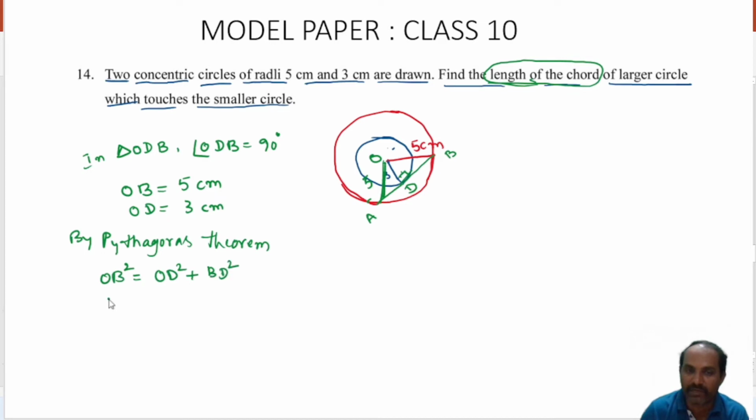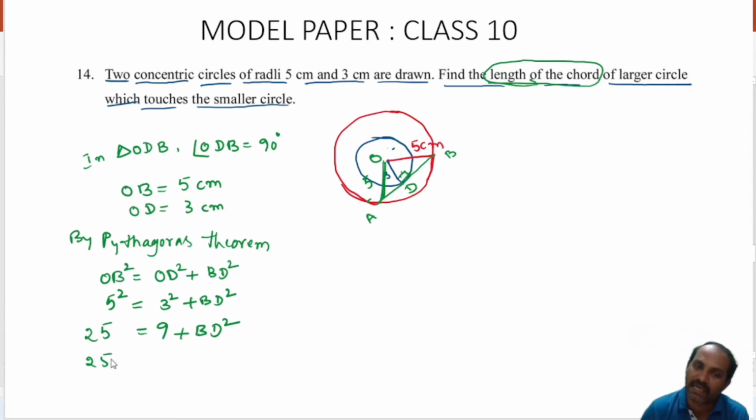OB is 5, so 5 square is 25. OD is 3, 3 square is 9, plus BD square. Now 25 minus 9 is 16, equal to BD square.